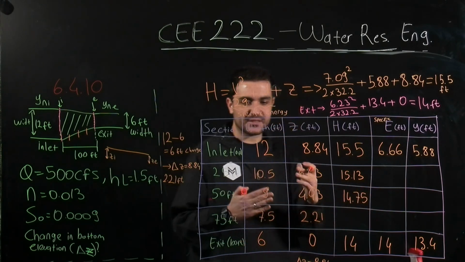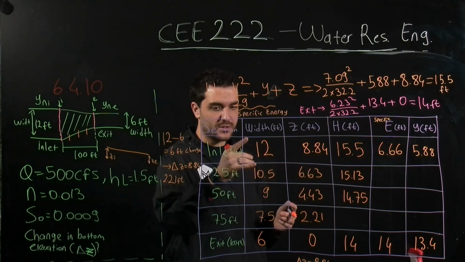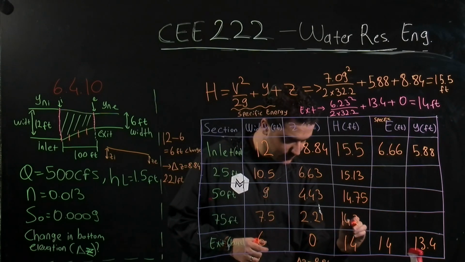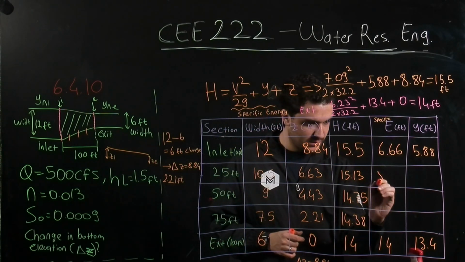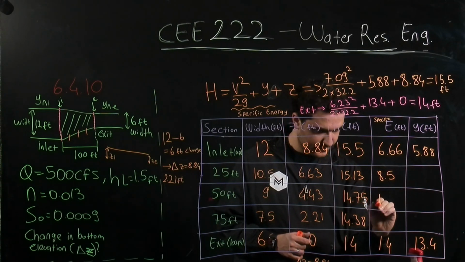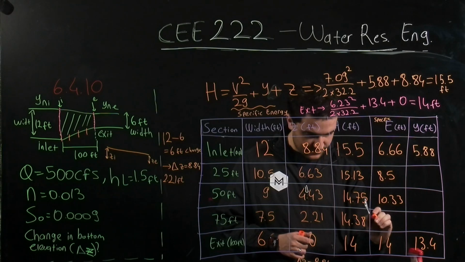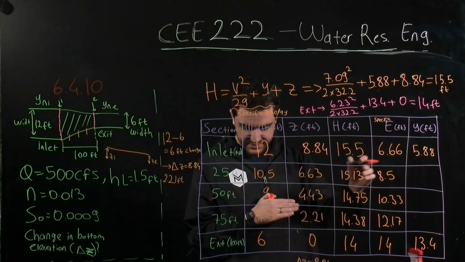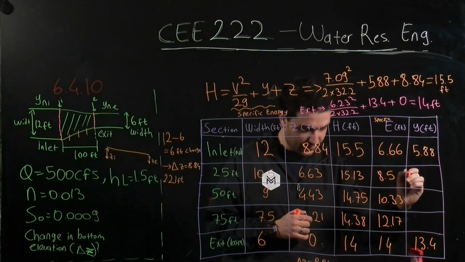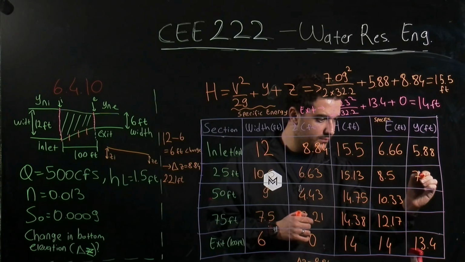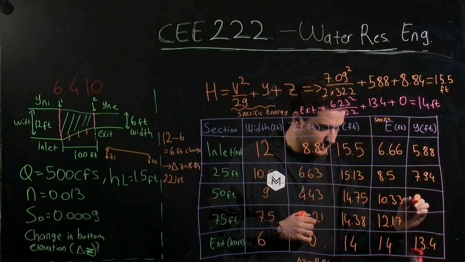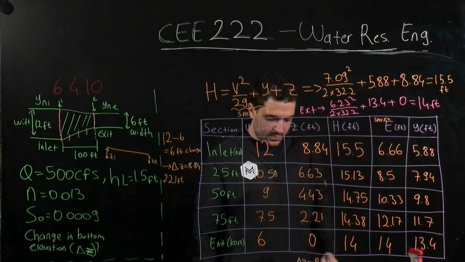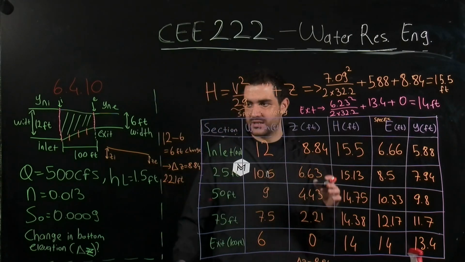The idea is just gradually decreasing all of these values based on the inlet and exit values. And here we have gradually increasing values. Okay, so this is actually one surface profile for this transition channel.